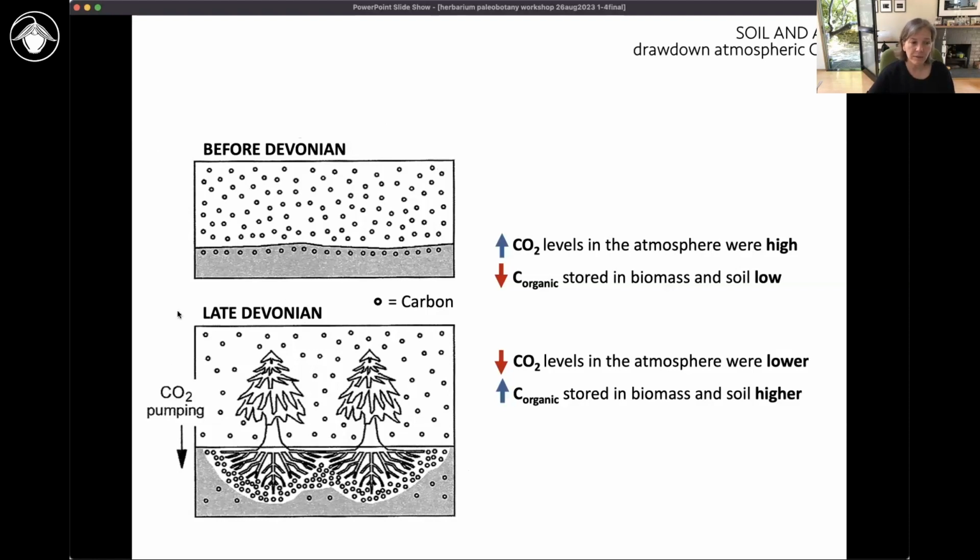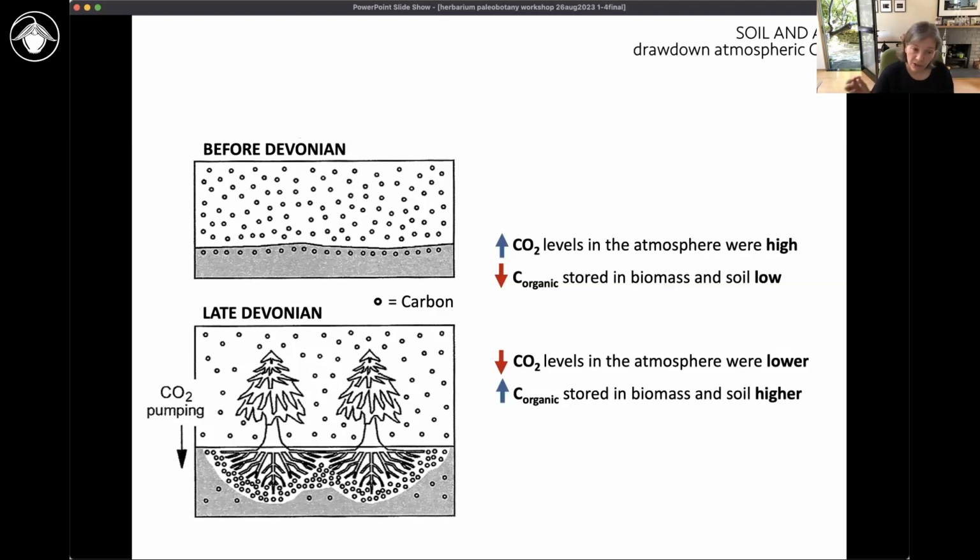Then by the late Devonian, a lot of the CO2 that was in the air was taken up to build the bodies of the plants, including their roots, so stored in biomass, but also dead organic material ends up in the soils. Now, what I mentioned before, a lot of the rotting plant matter will rot and will turn into CO2 again.